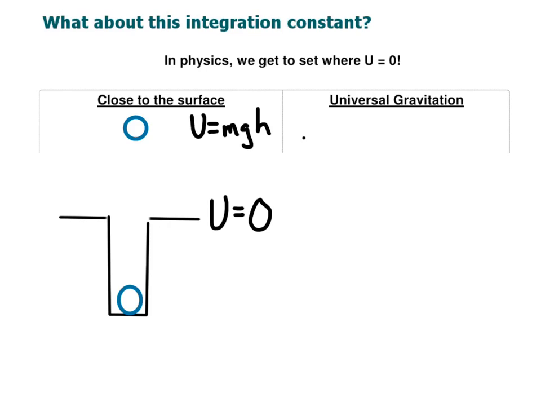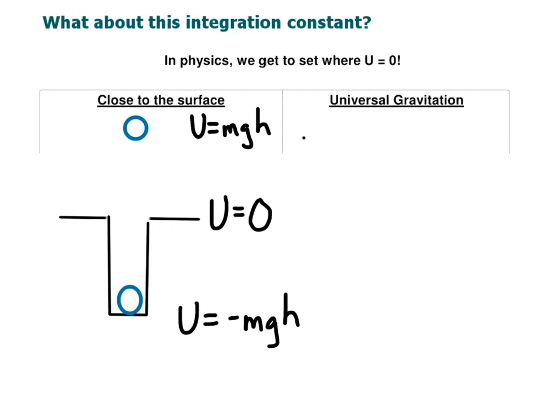Now what if I decided to dig a hole in the ground and put this object down below the ground? Well, what would happen is it actually has a negative potential energy. That negative potential energy is now negative m times g times h.